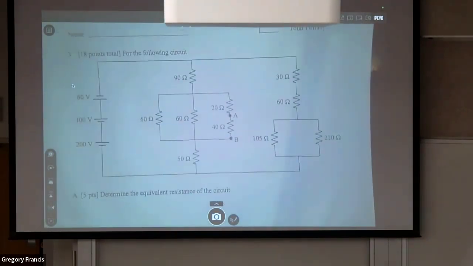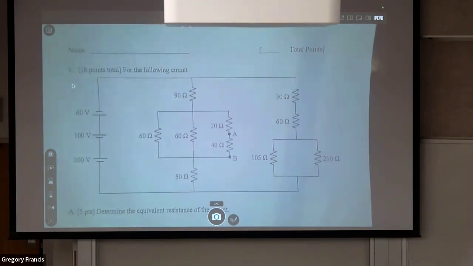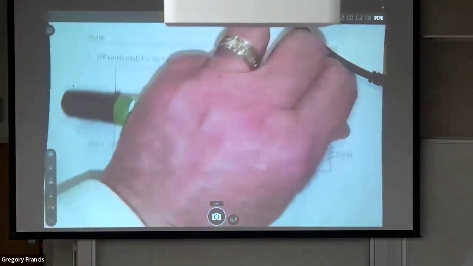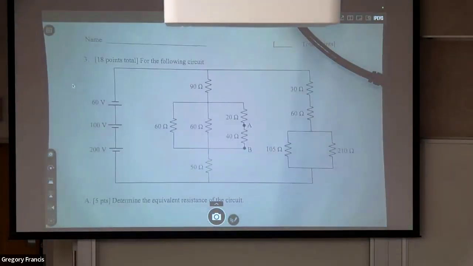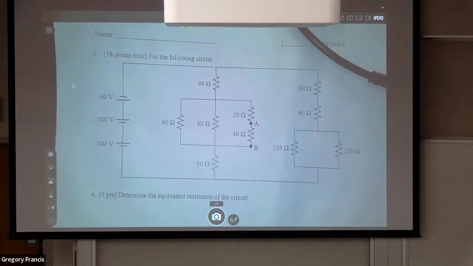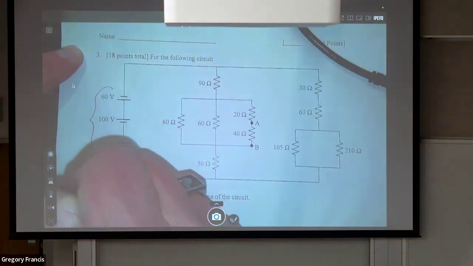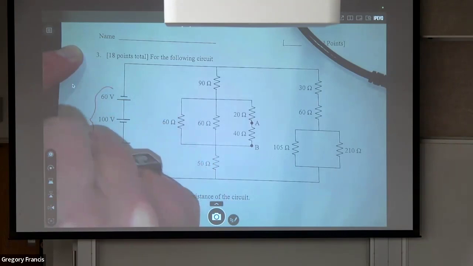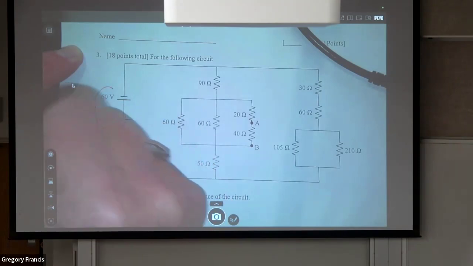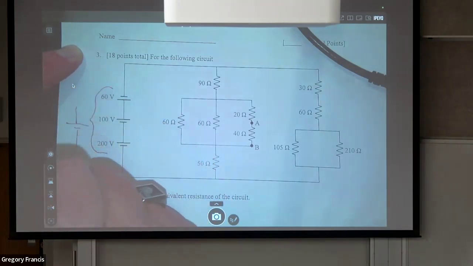Now, the first question I always get when people are working with this problem is I went to the key, and the key said that these 3 batteries could be replaced by one battery that was 240 volts.